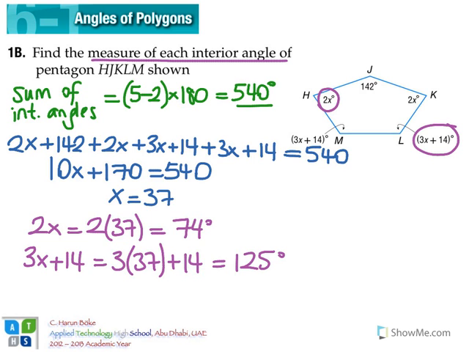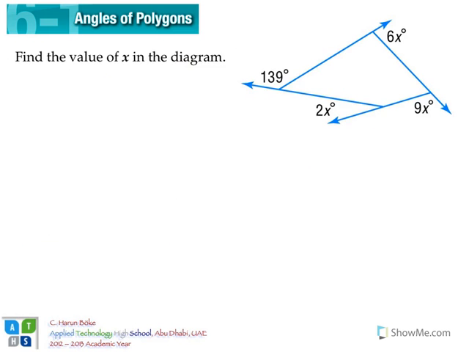Now let's see what happens with exterior angles. Here in this question, we are asked to find the value of x from the given figure. And you see, in this figure we have the exterior angles given.